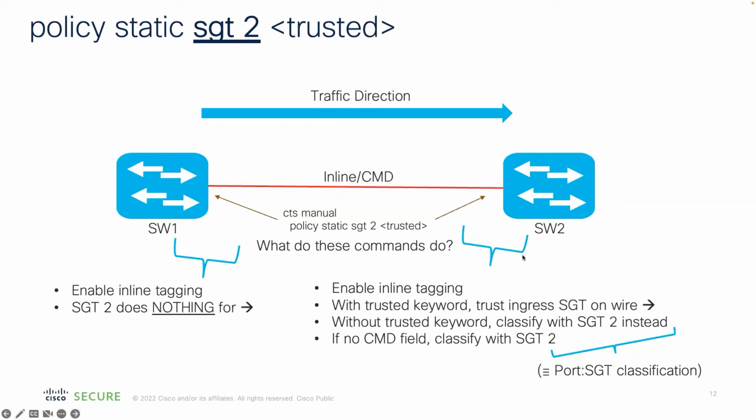I'm going to statically assign SGT2 instead. So this is what it means when we configure CTS manual with policy static. It's enabling inline tagging, and we're configuring whether we trust the SGT on the wire or we don't. And if we don't trust it, then we assign SGT2 inbound only. Outbound or egress, SGT2 does nothing. Okay, so that's what that command does.